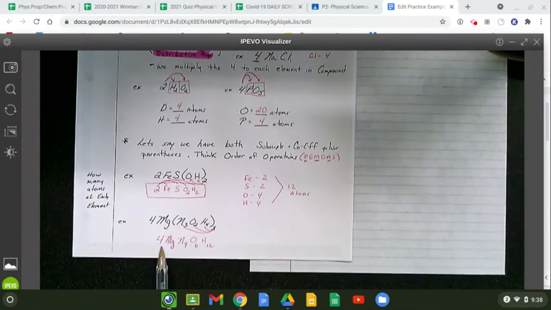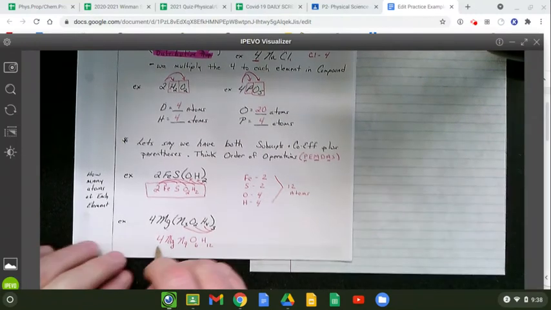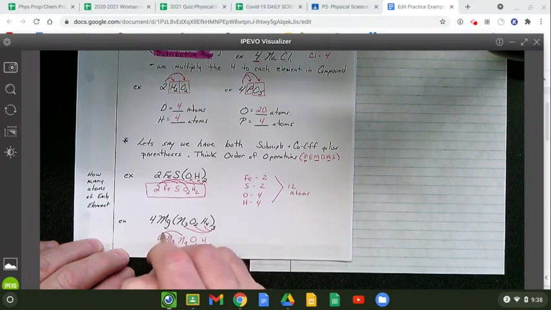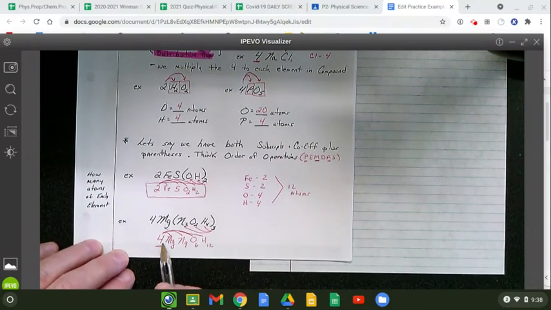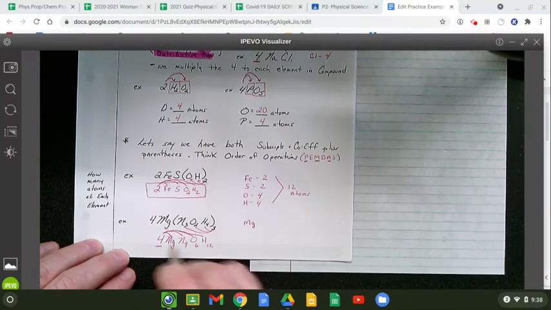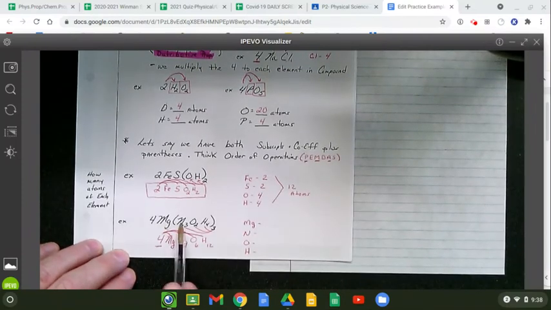So now our compound is 4 Mg N9 O6 H12. Well, remember, with the coefficient, we're going to multiply and distribute it all the way through. So let me just make my list of my elements. We have Mg, we have N, we have O, and H. So we got 4 elements in this compound.